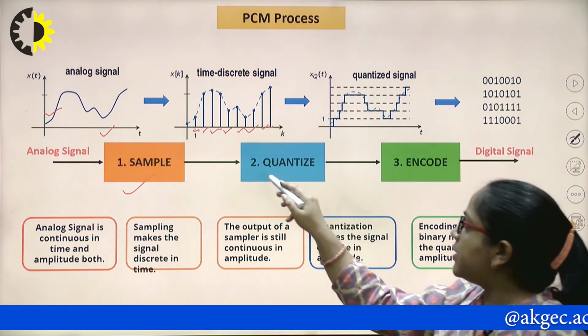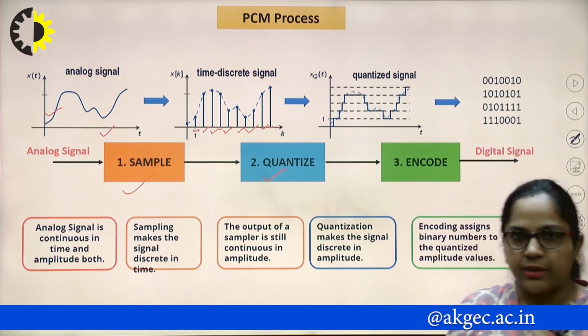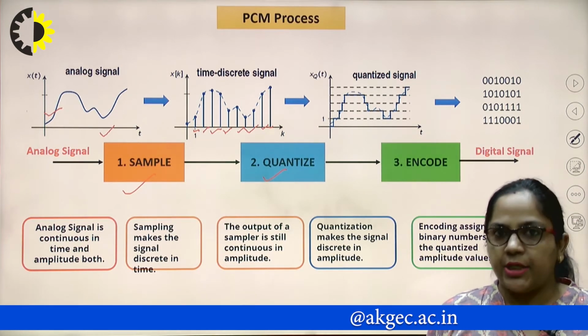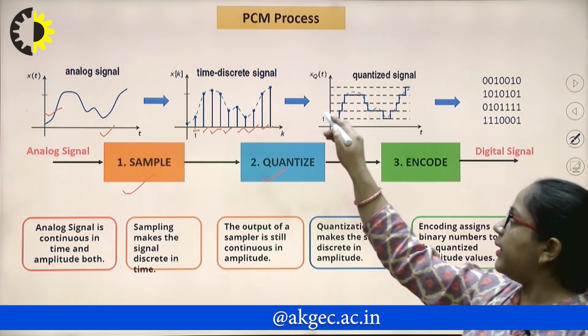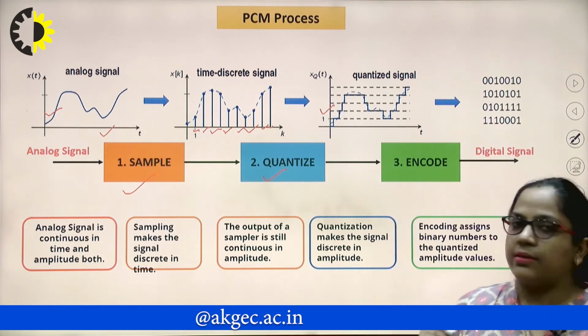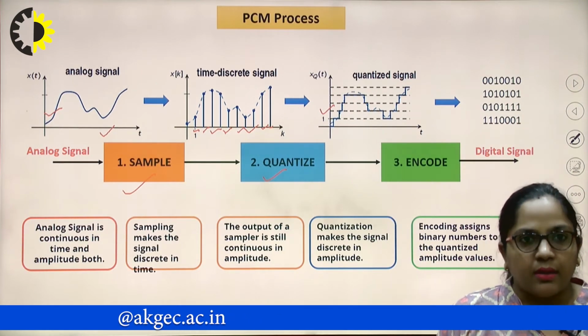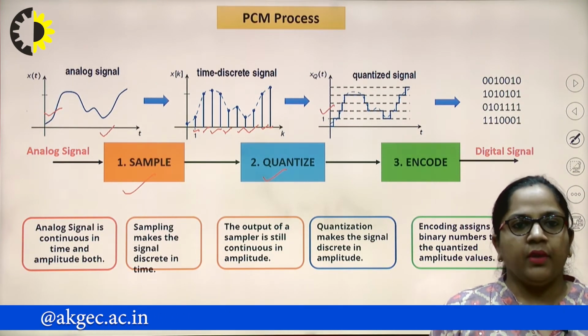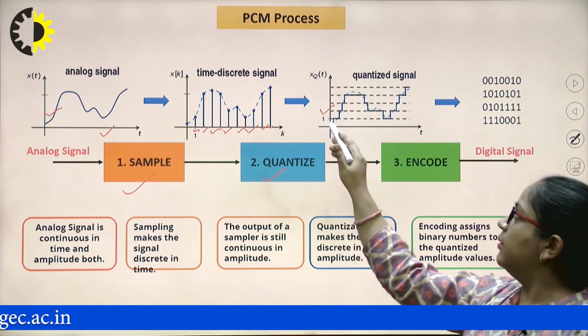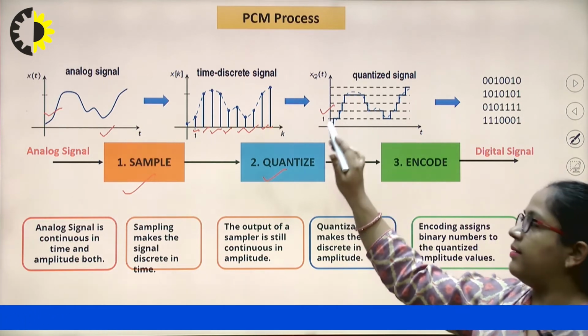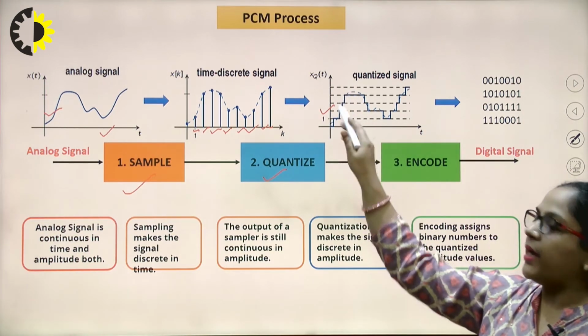The next step is quantization. What is quantization? Quantization is the discretization of the signal in the amplitude axis. The output of the quantizer will give us a signal discretized in the magnitude axis.